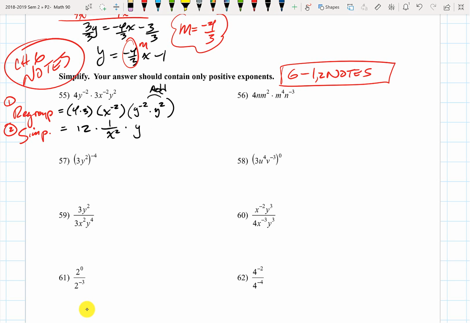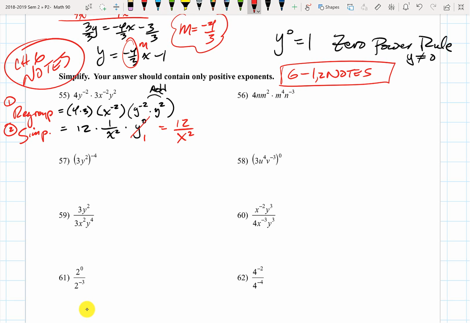You get 0 power. Now remember, y to the 0 power is 1. That's the 0 power rule, as long as y is not equal to 0. Any variable to the 0 power is defined to be 1. And because this is just 1, you get 12 times 1 is 12 divided by x squared. You want to write with positive exponents and write it as a single fraction or a single term.